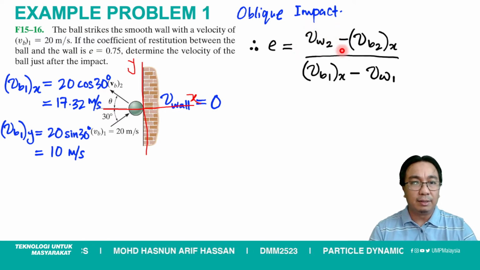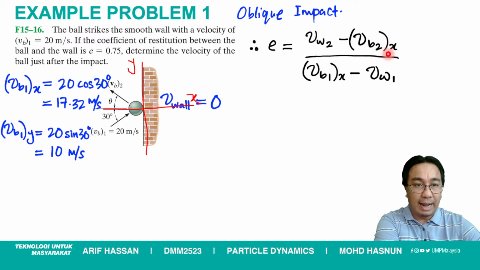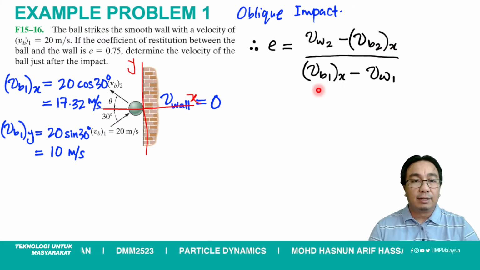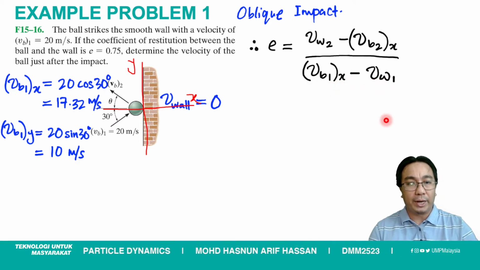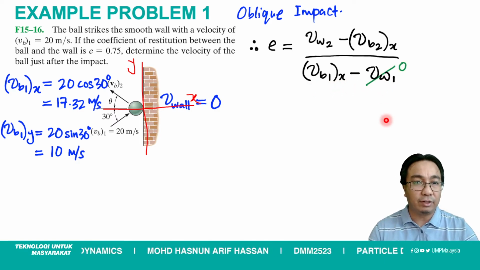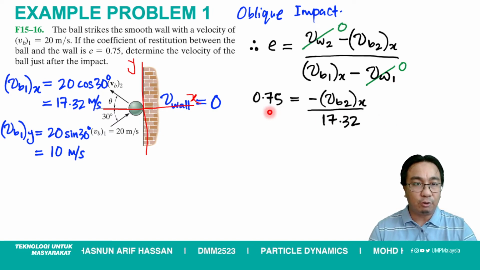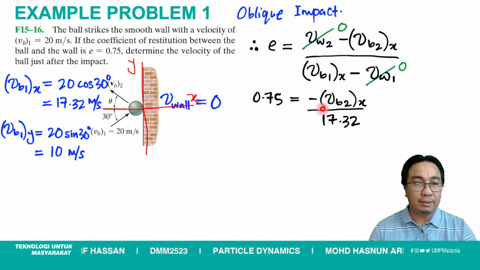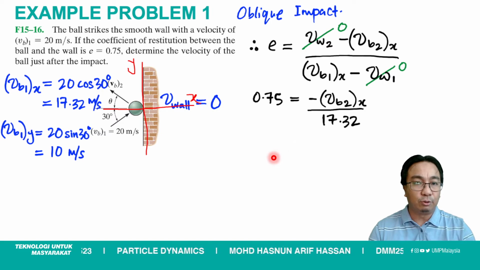So V wall minus VB2x. Okay, remember we need to put this in x-axis, divided by VB1x minus V wall 1. Okay, so V wall is definitely 0, both of them. So what we have is 0.75 equals minus VB2x divided by 17.32.